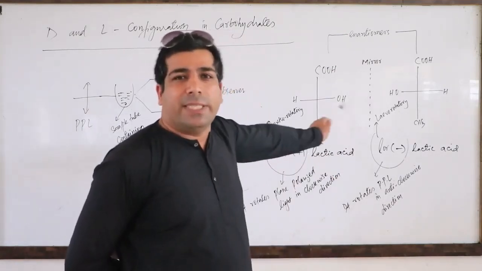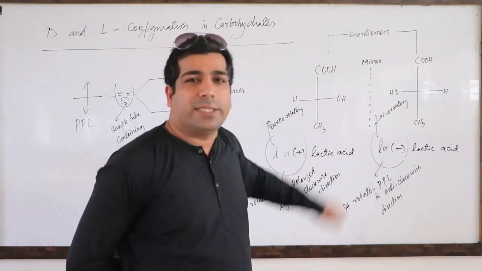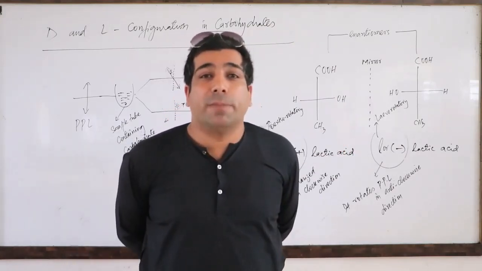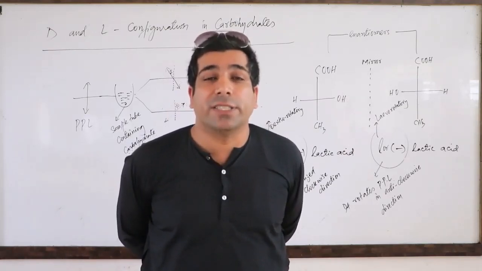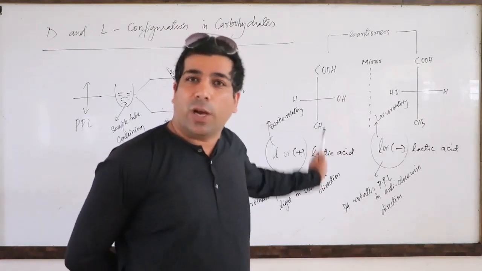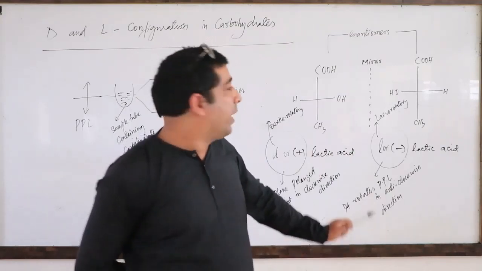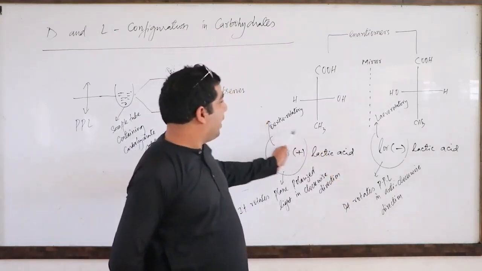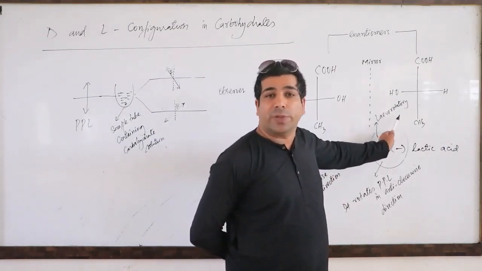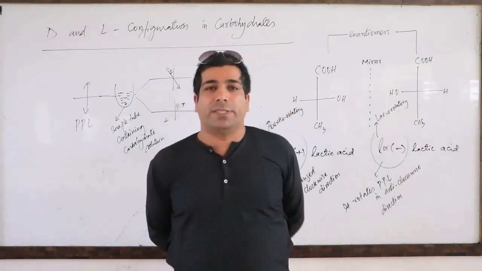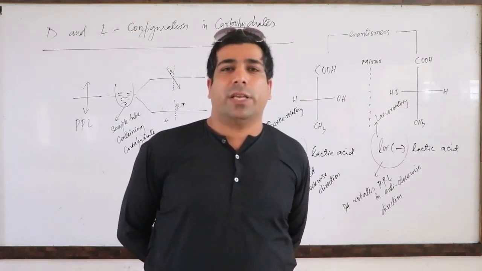Chemical properties will be same because functional groups are same, but their optical properties are different. One rotates the light clockwise, another one rotates the light anti-clockwise. One is dextro-rotatory and another one is levo-rotatory. I hope, my dear friends, you have understood this particular thing.